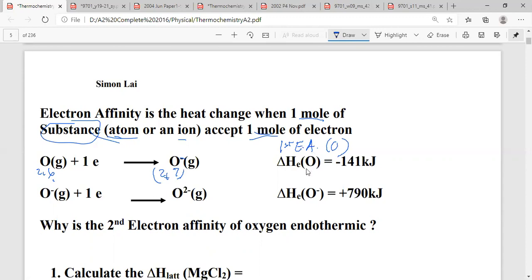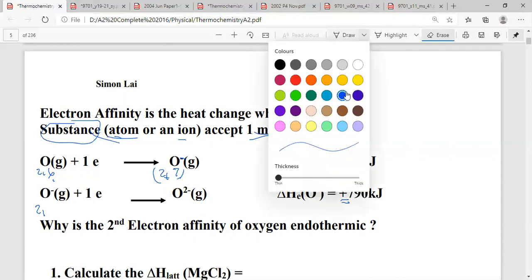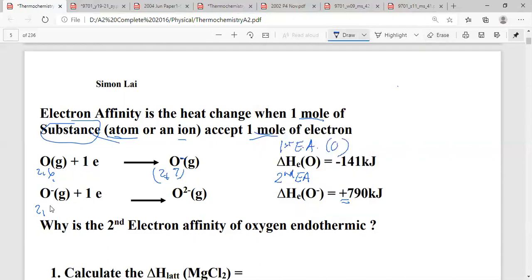But the second electron affinity is positive. That means it's 2,8 here, 2,7 here. 2,7 here goes to 2,8. You might say, oh sir, 2,8 is more stable than 2,7. Yes, true. But then to get the electron inside here, you have to put in energy.